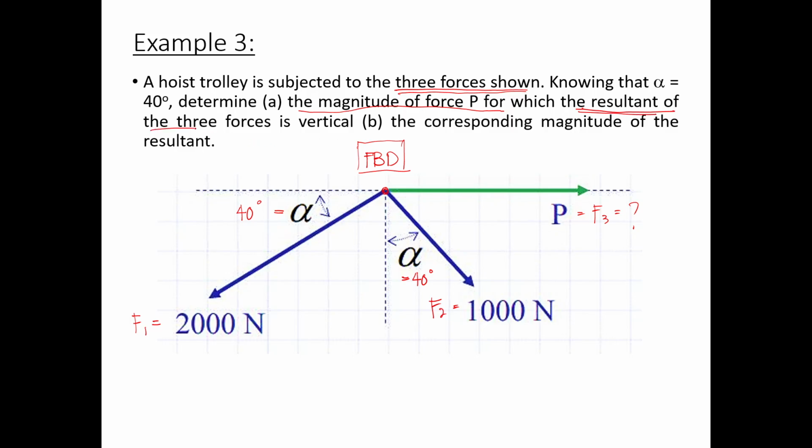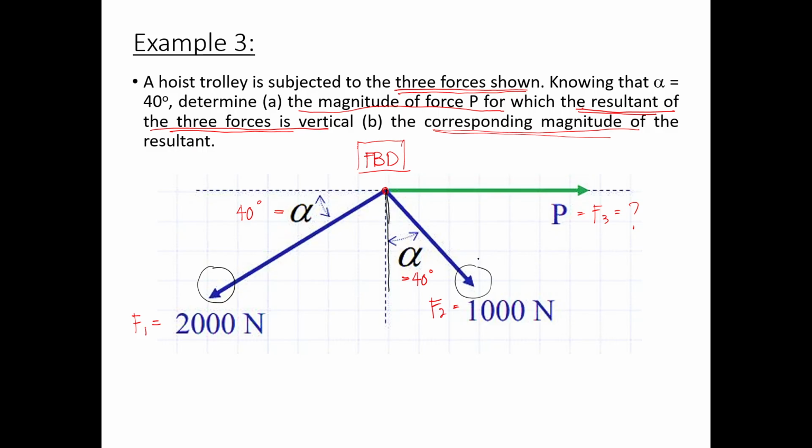So the resultant of the three forces is vertical. Okay, and then the problem is also asking for the magnitude of your resultant force. So if we try to draw your resultant force, that's a vertical, right? It's vertical going downwards, because it is not going up, as you can see all your forces are going down.